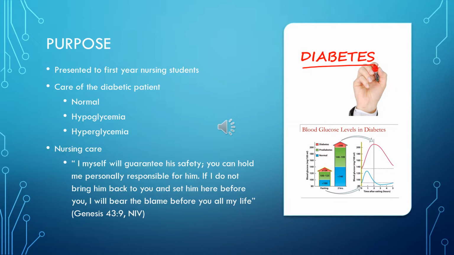What are the parameters that we're looking at? What is a normal glucose? What is hypoglycemia? What is hyperglycemia? The chart on the side of the slide here will dictate normal levels, high levels, and low levels. So it's important for us to know what those are as we proceed.